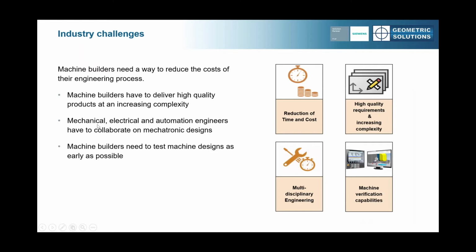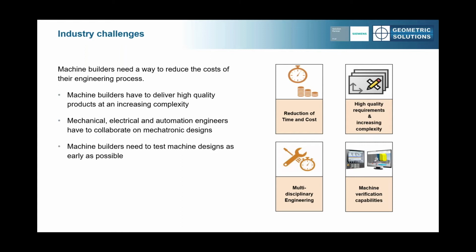So machine builders, they're trying to find ways to reduce the costs of the engineering process. One way to do that is to reduce the amount of time it takes to design, develop, and build a machine. But at the same time, your customers and you yourselves, you're not going to be happy having a machine that's made quickly, but it's not a high quality product.